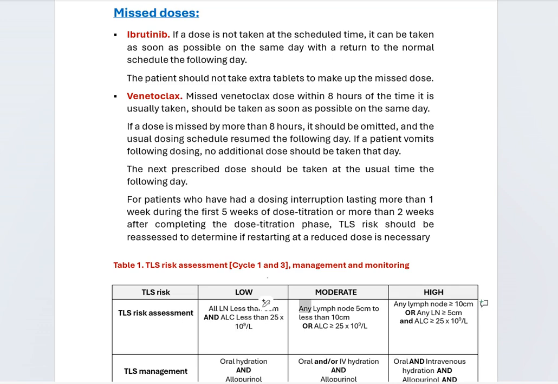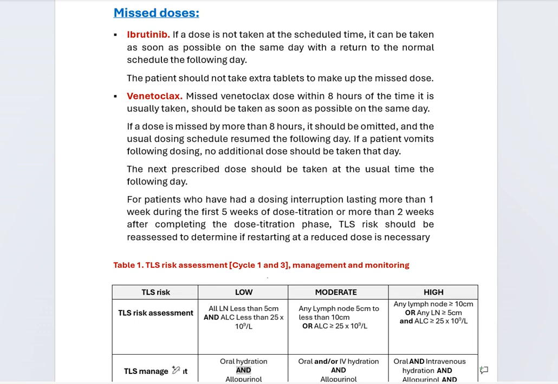Moderate risk: any lymph node 5 centimeters to less than 10 centimeters, or ALC greater than or equal to 25x10^9/L. High risk: any lymph node greater than or equal to 10 centimeters, or any lymph node greater than or equal to 5 centimeters and ALC greater than or equal to 25x10^9/L. TLS management: oral hydration.